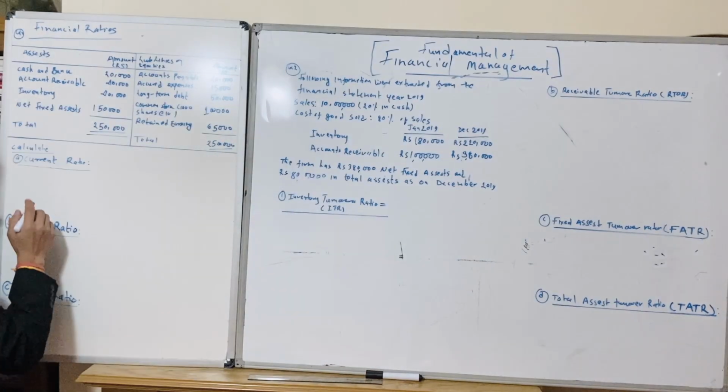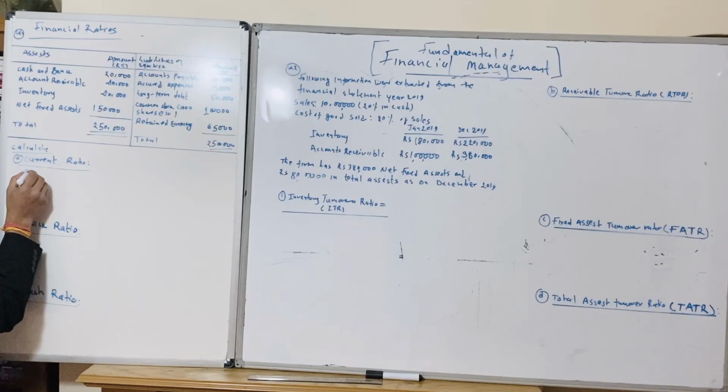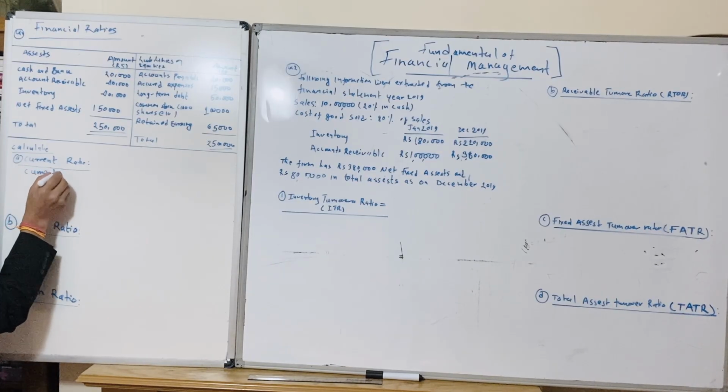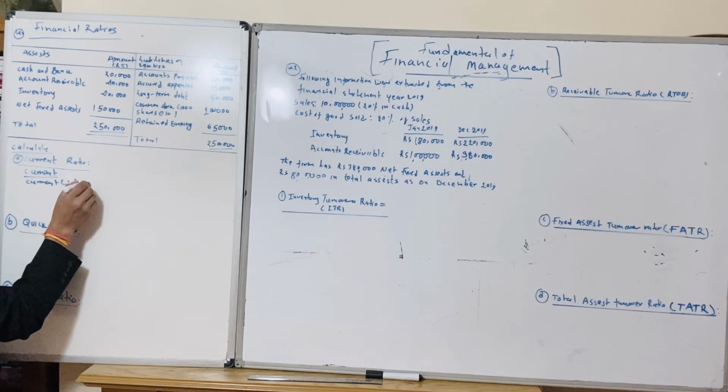As we know, the formula for the current ratio is current assets divided by current liabilities, then we get the current ratio.